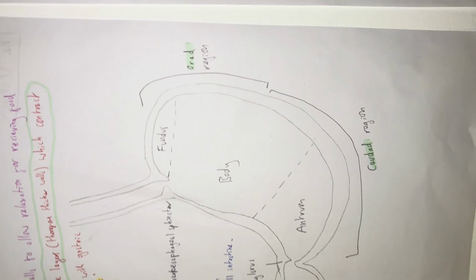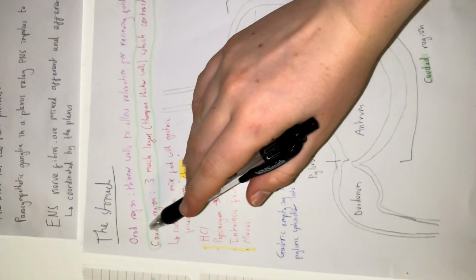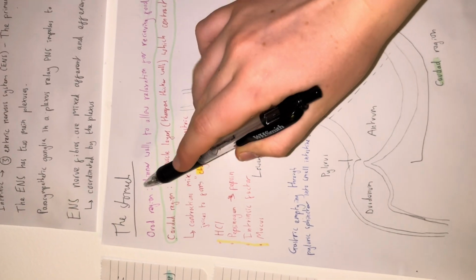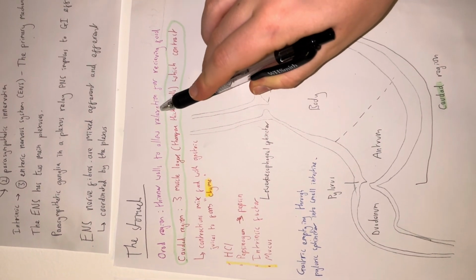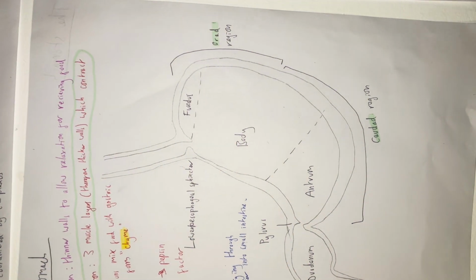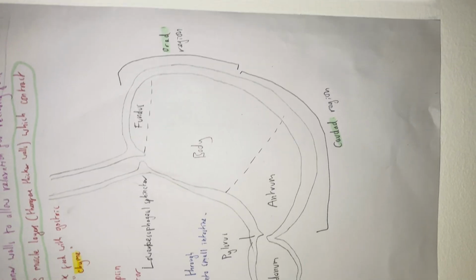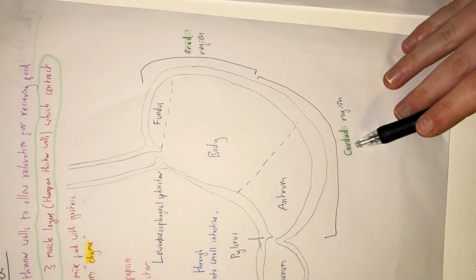And then the ORAD region, that is like the top half, and as you can see here, the ORAD region has thinner walls to allow relaxation for receiving food. So this bit is sort of just more stretchy. So then if you eat loads, your stomach won't burst, basically. And then we have the caudate region.